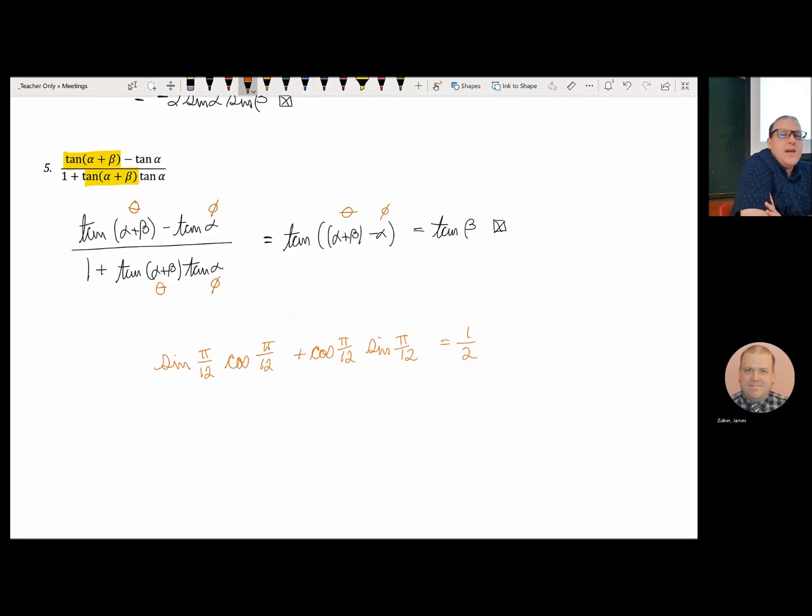That's sine of pi over 6, which is a half, because that's the sum identity for sine. So we can now go both directions.